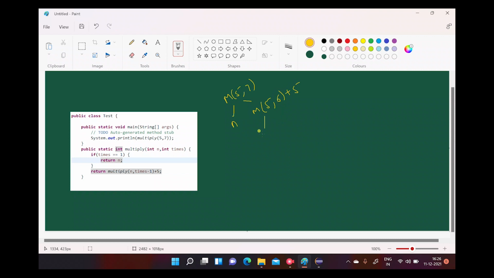So here the same thing happens. For this particular function call, we can either return n, or we can return a function call of 5 times 5 plus 5. The same thing happens again here.